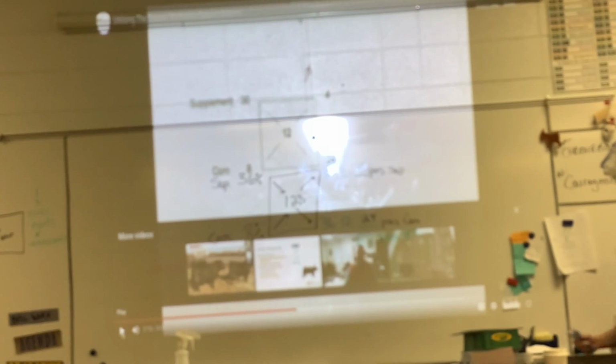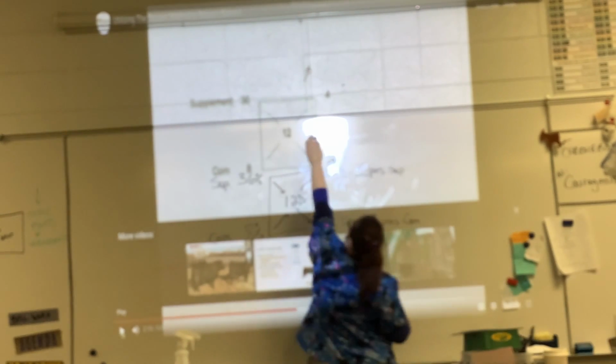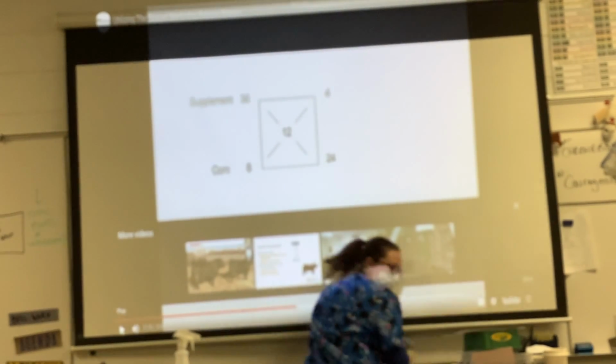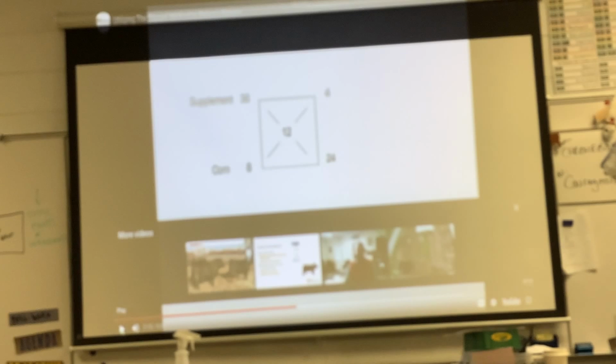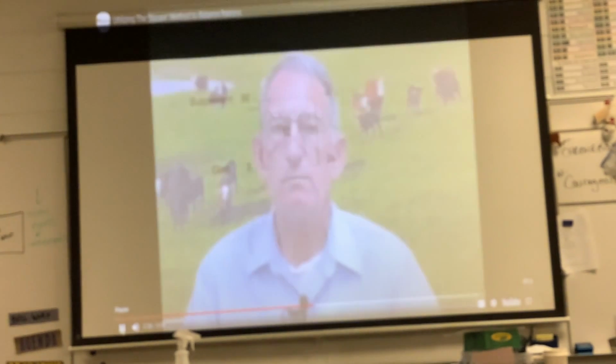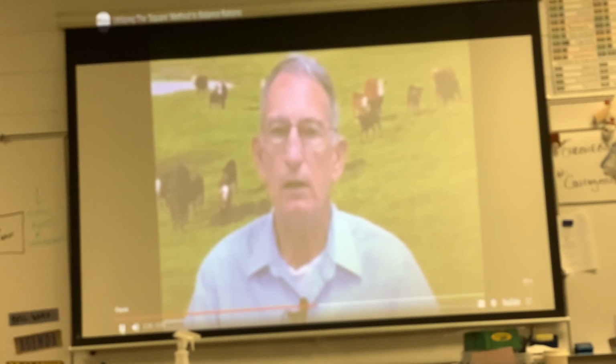Okay. So this means that the mixture that we're going to be putting together, that will be 12% protein, will have 24 parts corn and 4 parts of the protein supplement that we're looking at. To get the percentage of each ingredient we put in the mix, we will add the 4 and 24 together. This will give us 28.